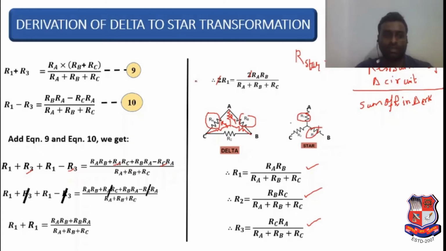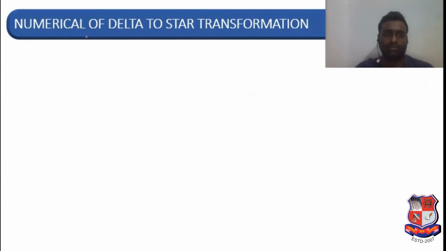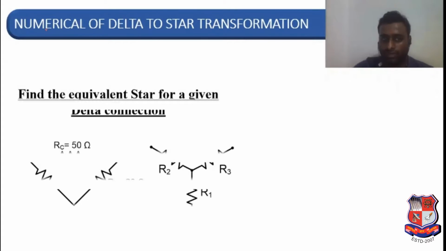So we will move to the last topic of this part 1, that will be numericals. This is a very simple numerical, and it will make you understand. From this numerical, I think you would be able to solve any problem in KVL or KCL. You just have to convert the circuit which has neither series nor parallel connection.